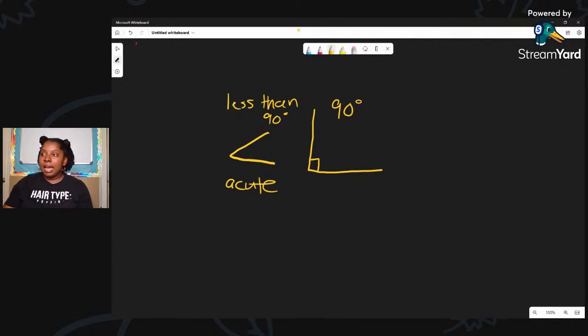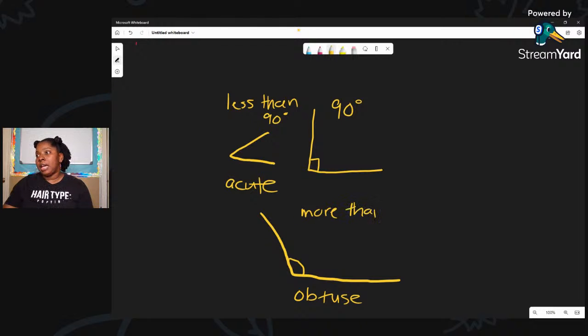And then an obtuse angle, it's big. It's more than 90 degrees. Okay. Obtuse. That's the biggest one. It's going to be more than 90 degrees. So if you think about it like a mouth, right? This mouth is really tiny, the cute one.